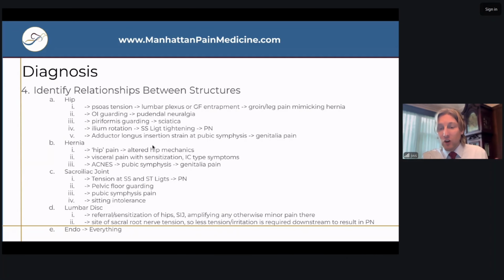Now, when there's chronic strain of the adductor at the pubic symphysis insertion site, it can actually pull on the periosteum. There's something called the aponeurotic plate, where the rectus abdominis, the inguinal ligament, the ilioinguinal ligament and the adductor longus all insert at that fibrocartilage. And if it starts to pull, the periosteum is easily sensitized.